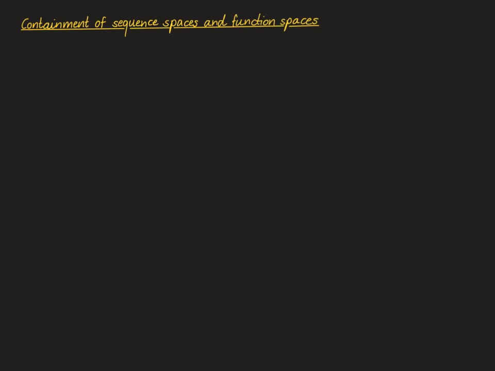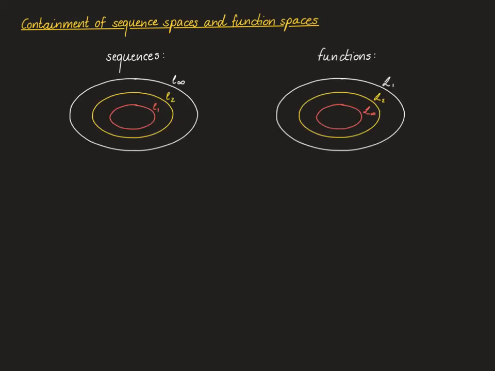One important thing to remember about sequence spaces and function spaces is how large they are. So which of the spaces contains which other space as a subspace. In fact, for sequences, we have that little L infinity is the largest space, and it contains little L2 as a subset, where again little L1 is a subset of L2.